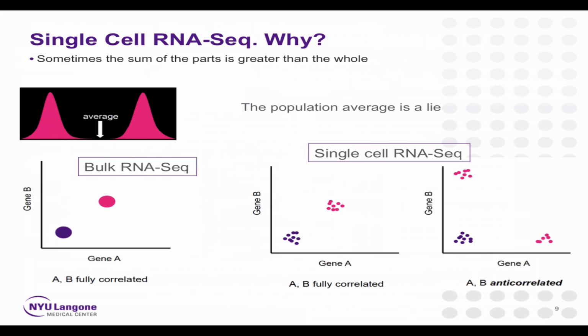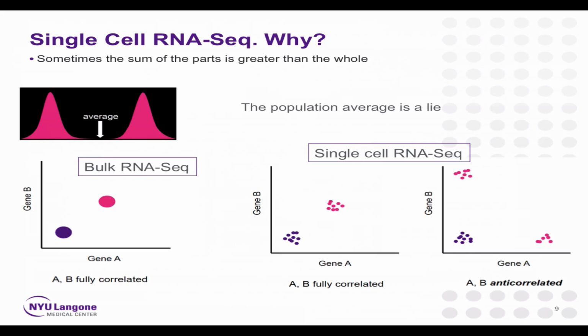So the latest thing is also doing RNA-Seq on single cells. Why would you bother to do RNA-Seq from single cells? Well, if you look at the graph there, you can see that if you have two populations of cells within your cells, some of them may be expressing the RNA at high level and some at low level. And if you're looking at it in bulk, then you might get the wrong impression.